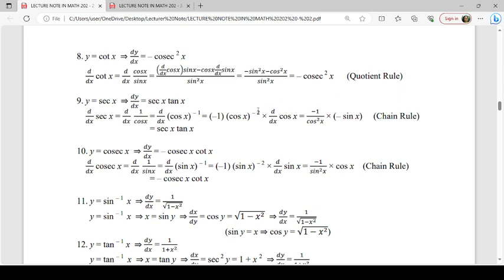This is just calculation. So d/dx of sec x, sec x is 1 by cos x, so 1 by cos x means cos x to the power minus 1. So cos x to the power n, it is chain rule.